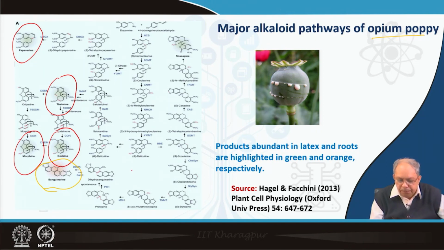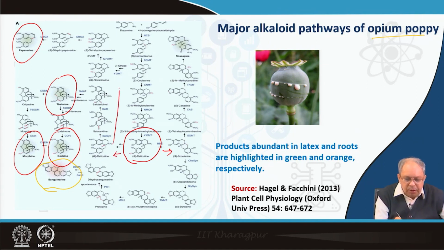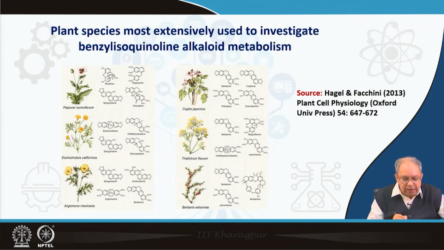So, the S-reticulin is the starting point. In one way it goes to scoularin, and the other way it goes to R-reticulin, and then it forms the downstream pathway. So, which we will again discuss in the next class.